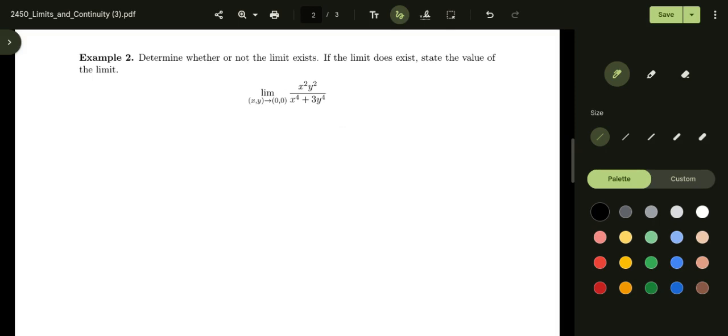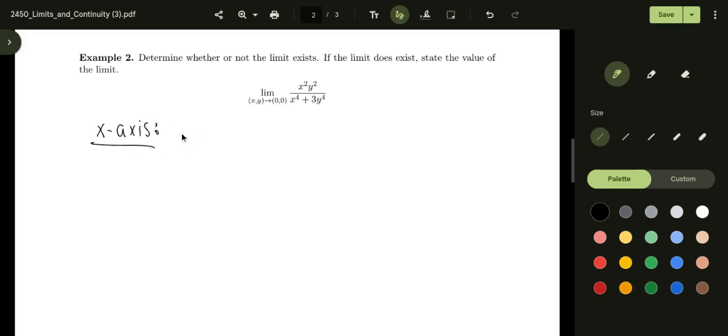And so let's just start by checking some paths that xy could travel to get to 0, 0, or as it approaches 0, 0. And so first thing I'm going to do is a very simple one that we have been doing for our one variable functions, and that's going to be what if we travel along the x-axis?